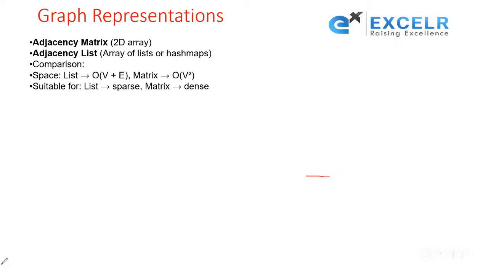Right? So let us take one simple graph, then we'll represent the adjacency list. It is easy. Let me take this triangular graph with vertices 0, 1, 2. Now I will make use of this array list.